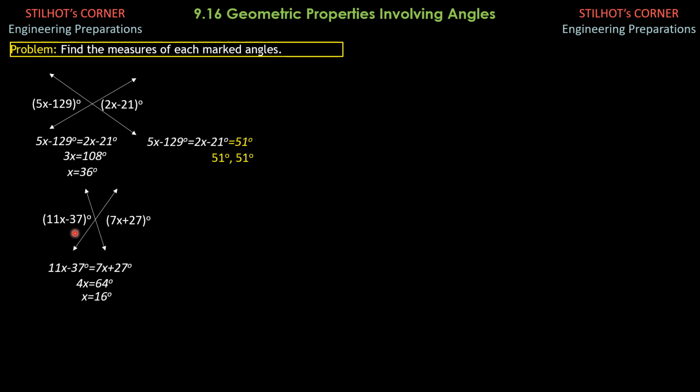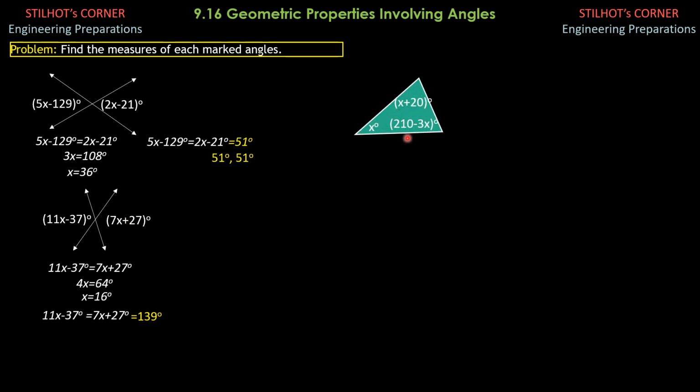So each of these vertical angles is 139 degrees. So 11x minus 37 equals 7x plus 27 equals 139 degrees, as already explained. And you can use your calculator to verify that each of these vertical angles is 139 degrees.